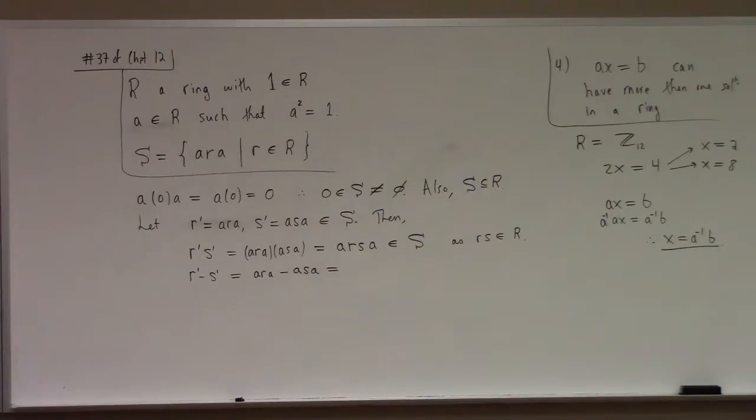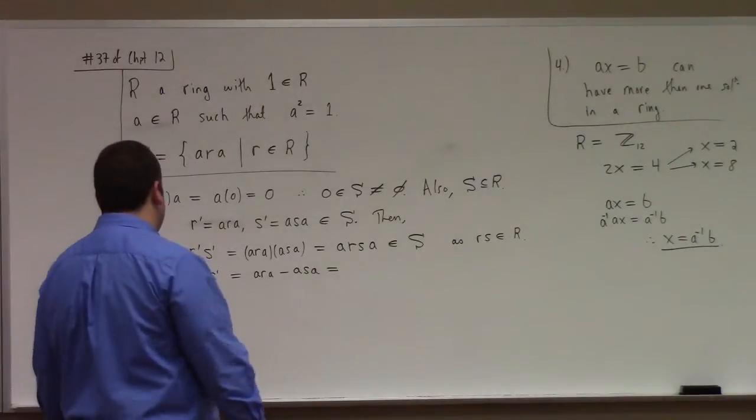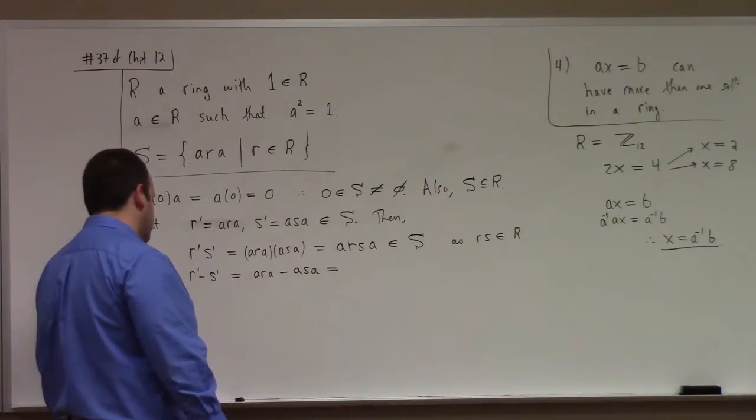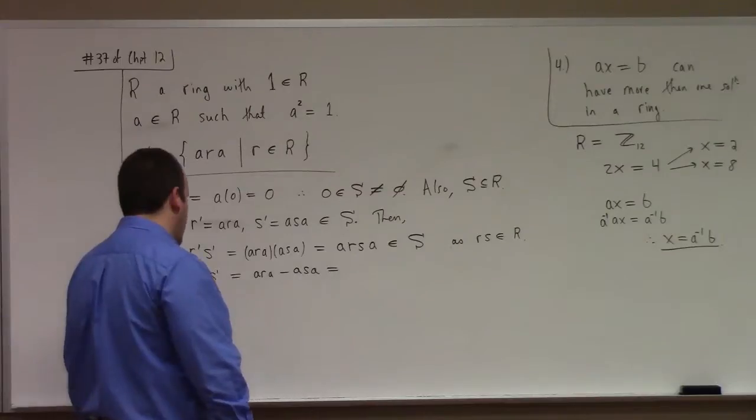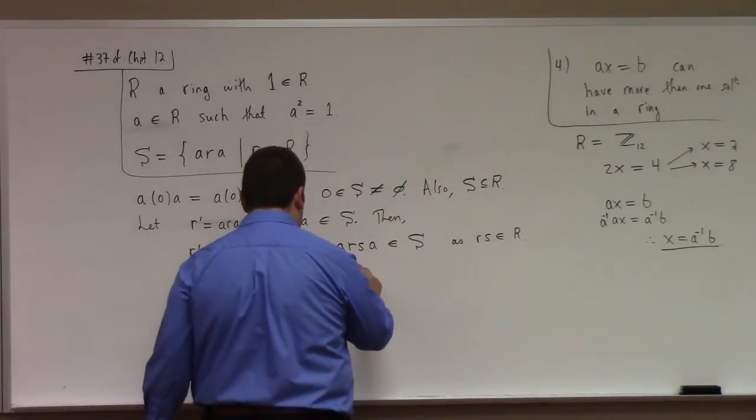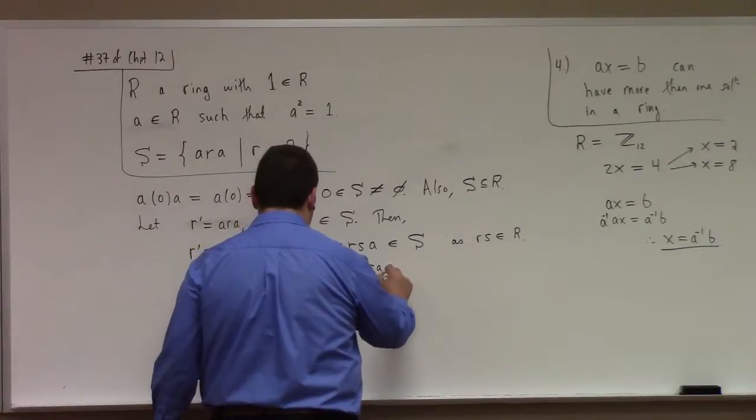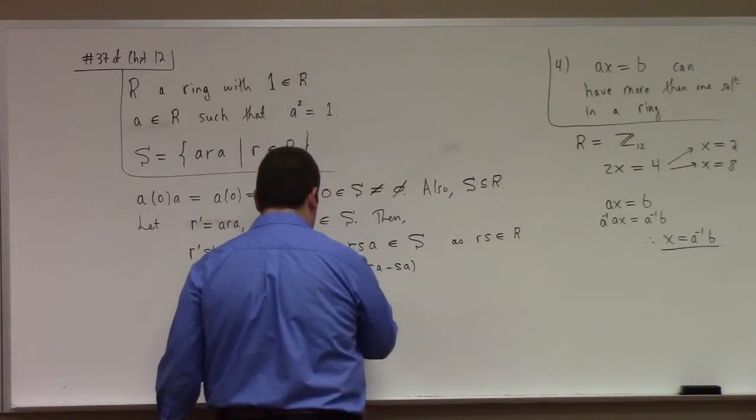Now here I might have to think harder about the subtraction this time. Was this question to prove it was a subring, or was the question, is it a subring? No, prove it's a subring. And then we're also asked, does it contain 1? And just use the left and right distributive properties? Yeah, I think so. So I'll factor A out to the left here. So it's A times RA minus SA, right?